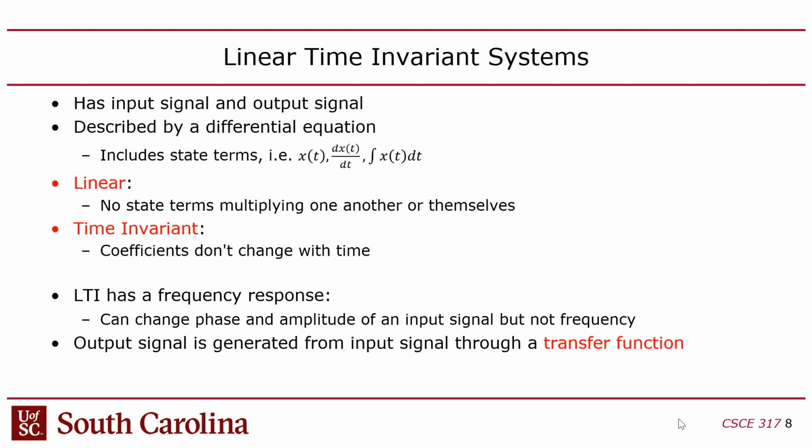Okay, so LTIs are linear, as I mentioned, and what that means is that it's an equation where you have state terms. State terms are variables, right? Now, state terms could be an input to a controller, any of the variables I talked about, the manipulated variables, the process variables. These are all variables, and they can be represented in the time domain.